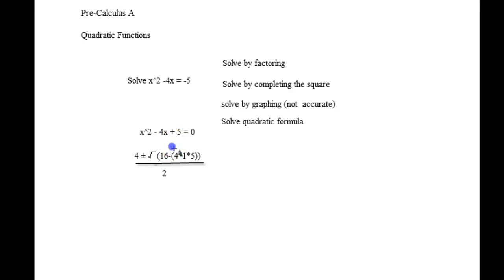Now the toughest part is right here, so this becomes 16 minus 20. Okay, and this is going to become 4 plus or minus, let me separate it a little bit so you guys can see it better, the square root of negative 4 over 2.